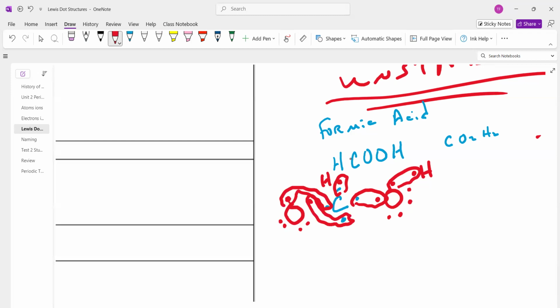So I'm going to unbond it and move some electrons around. Remember I said you can move the pairs around as long as you keep them as pairs. So I'm going to move this pair here up to the other side.